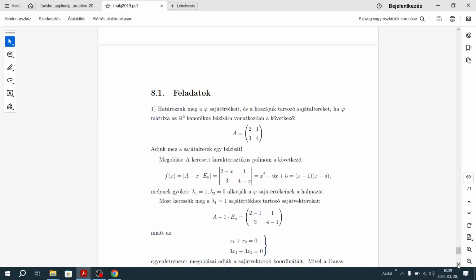Okay, what you will do? You are looking for the result of this equation. What is this equation? It's nothing more than this form. This is the identity matrix multiplied by the lambda number.